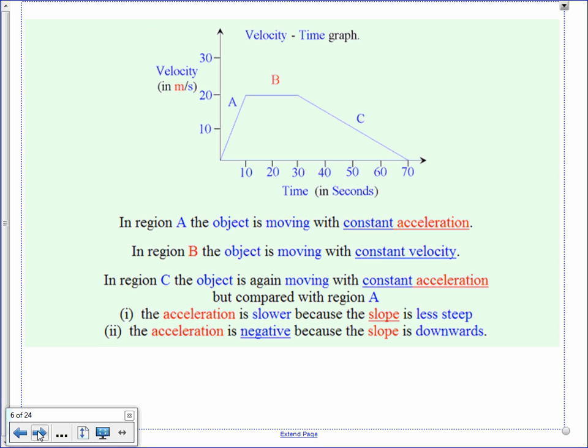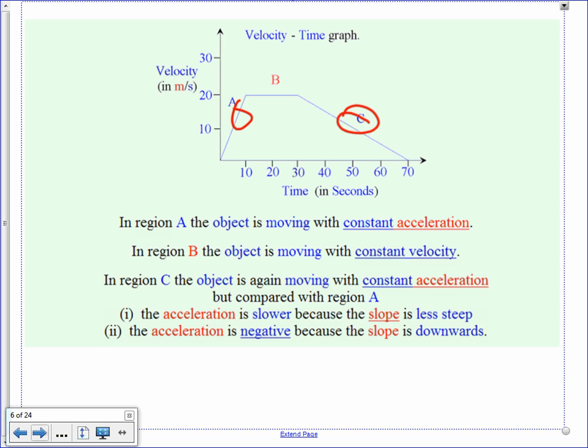So to recap, in region A, the object moves with constant acceleration, which means its velocity is changing. In B, the object is moving with constant velocity. So what's acceleration? 0, because it's not changing. In C, the object is moving with constant acceleration, which means we're changing, but comparing this region with this region, notice the slopes are different.